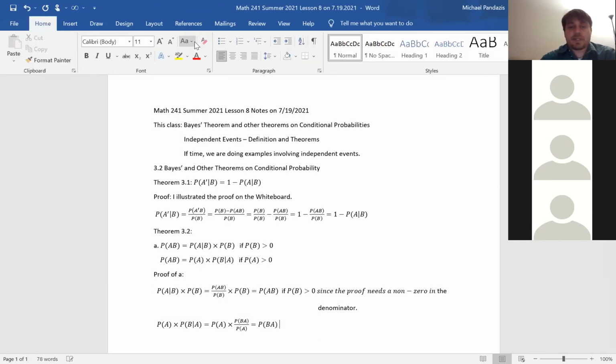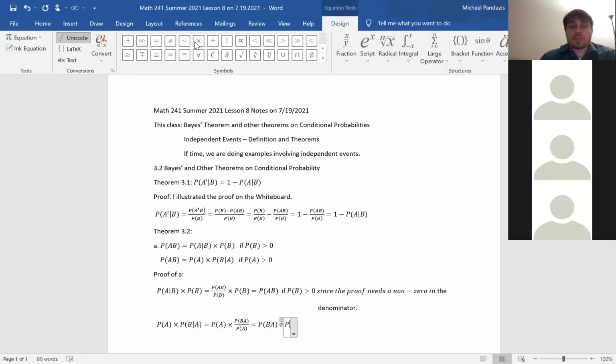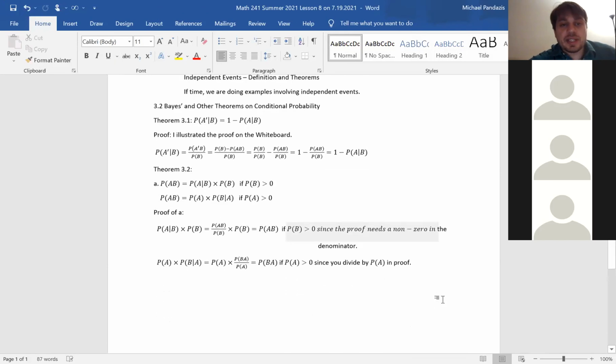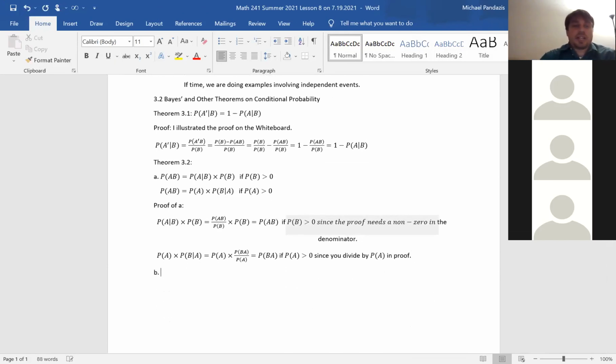This holds if the probability of A is positive, which is given here, since you divide by P of A in the proof. So you need a positive P of A for this argument to hold that P of BA is equal to P of A times P of B given A. Okay, so that's the proof of part A of that theorem.